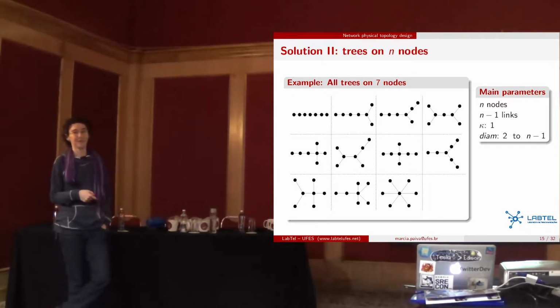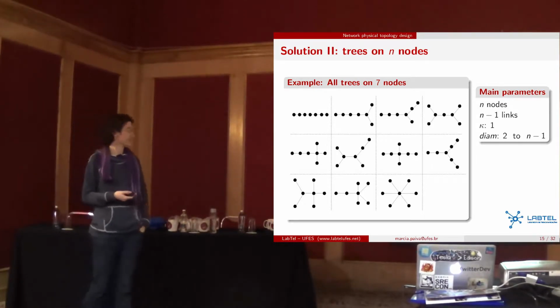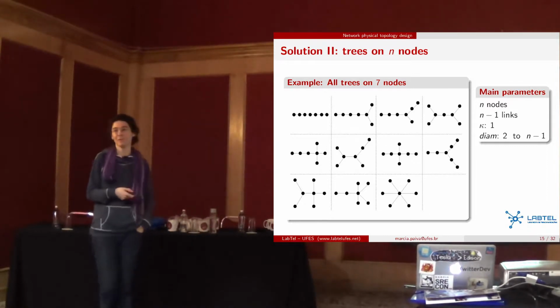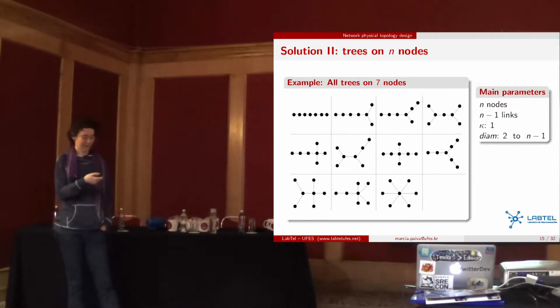If you have n nodes with n-1 links, we can design many kinds of trees. For instance, on 7 nodes we have 11 possibilities. And among these possibilities, we can always choose a diameter between 2 and n-1.